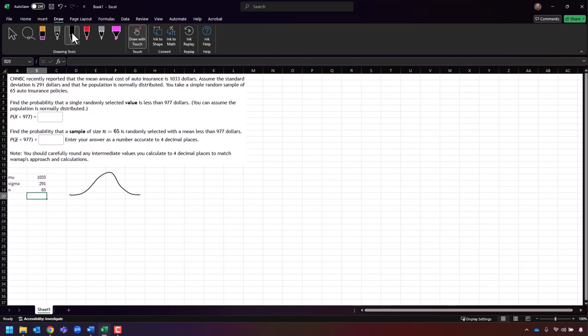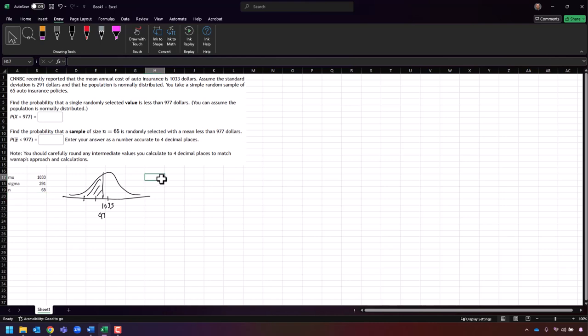And so I've got a normal distribution, I've got a mean of 1,033, a standard deviation of 291, so I could subtract 291. But my 977 is going to be somewhere over here. And I'm looking for this probability. So this is all pretty run-of-the-mill.